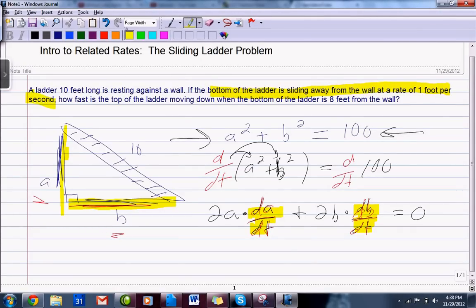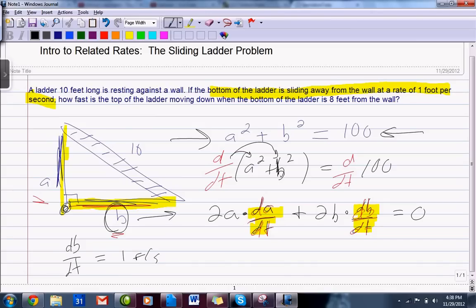What that means, I'm going to translate to math language. That means the rate at which b is changing, dB/dt, is equal to 1 foot per second. The bottom of the ladder is sliding this way, so therefore dB/dt, the rate at which b, that distance from the corner to the base of the ladder, changes, will be 1 foot per second.